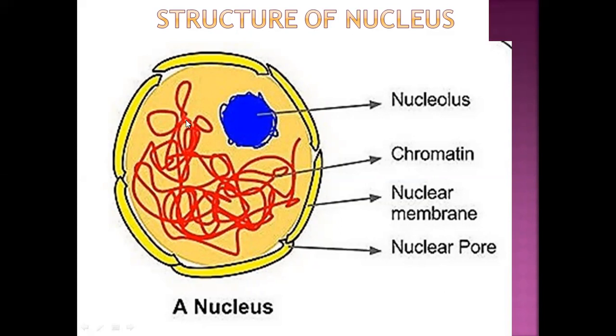A horse has 66 chromosomes. Then the fruit fly, Drosophila, has 8 chromosomes. So each species has a specific number of chromosomes. That is what maintains the integrity of the species. We are human beings because of this DNA. The number of chromosomes cannot change.